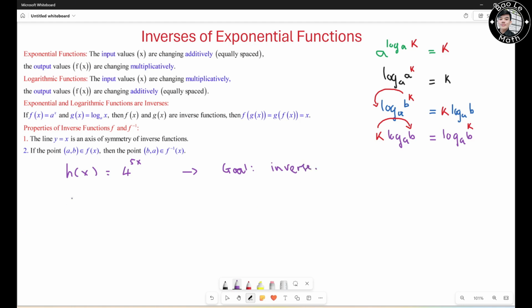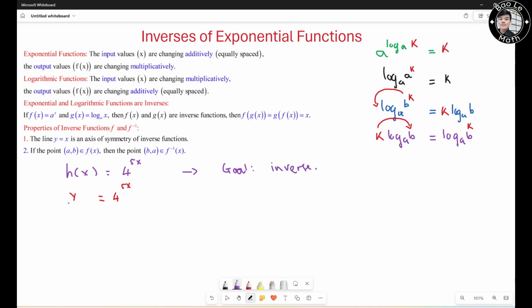We have h of s equals 4 to the 5s. We learned before that in order to find the inverse of the function, we need to replace h of s right here with y. So y equals 4 to the 5s. Next, we need to swap s and y.